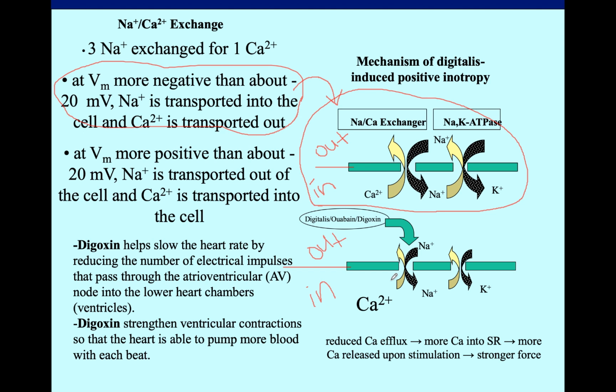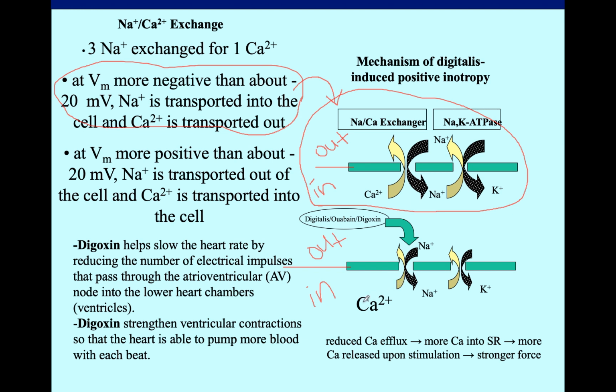The way I'm able to adjust this is by making sure I have high amounts of calcium binding to troponin to expose as many myosin binding sites as I possibly can so I can get as many cross-bridges formed. So how do I do that?